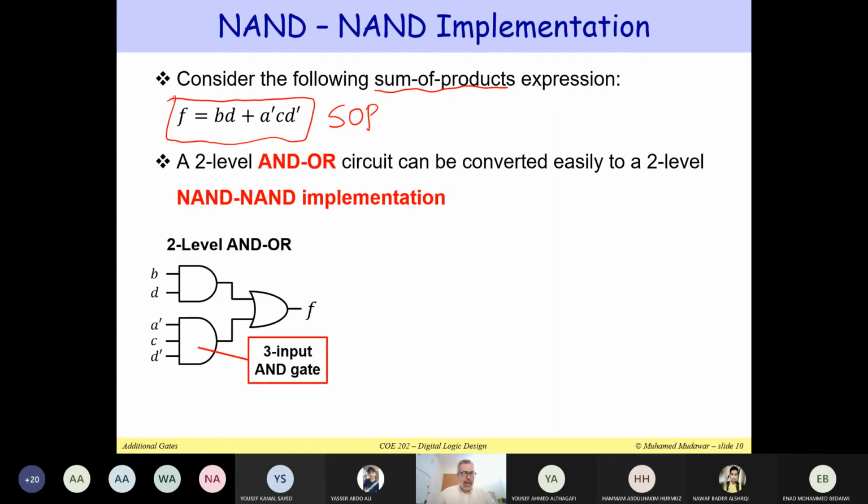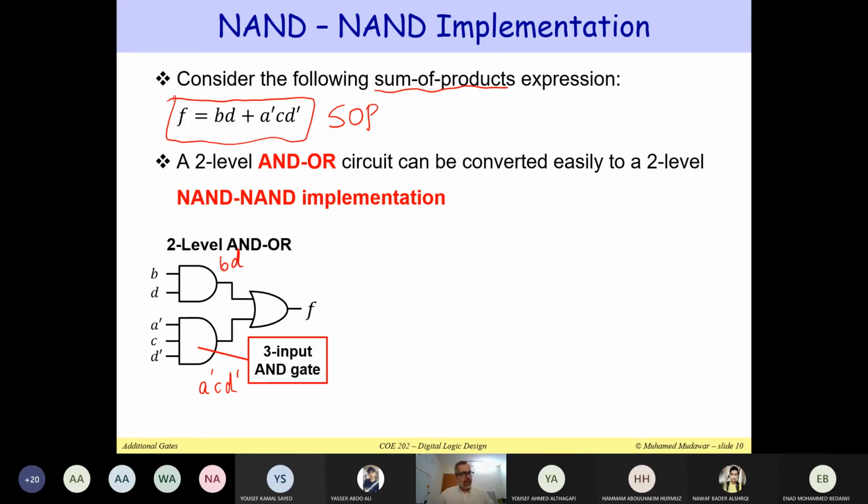The output of the first AND gate will be BD, and the output of the second one will be A prime, C, D prime. And then I'm ORing. My first level will be AND gates, and my second level will be just the 2-input OR gate. So that's a 2-level AND OR implementation.